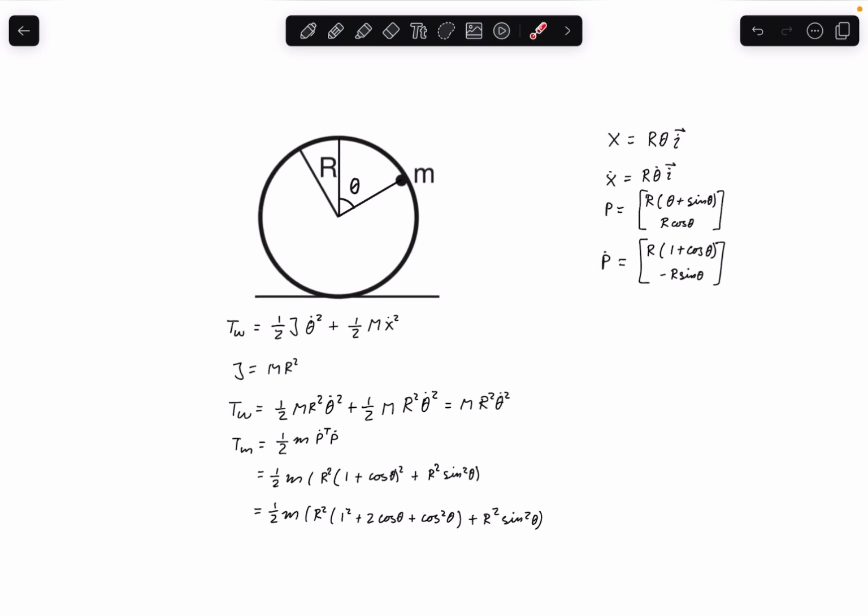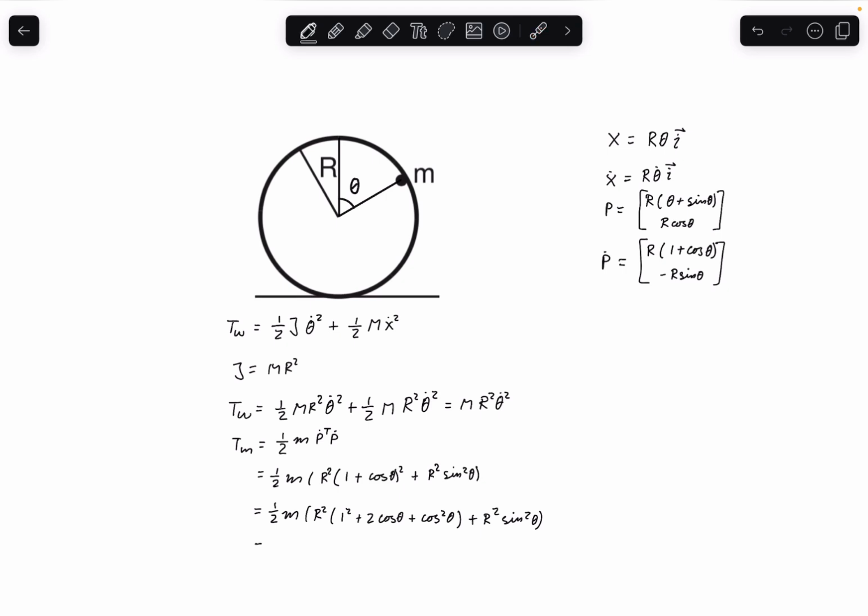If you look closely, you can see that we have r squared multiplied by cos squared theta. So r squared cos squared theta plus r squared sine squared theta is equal to r squared.